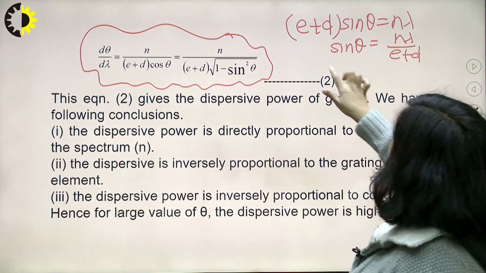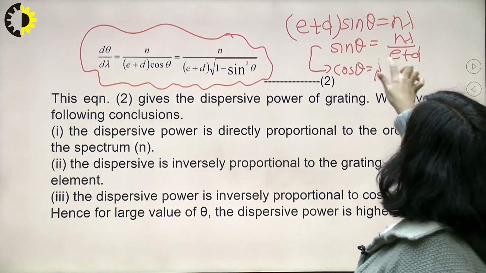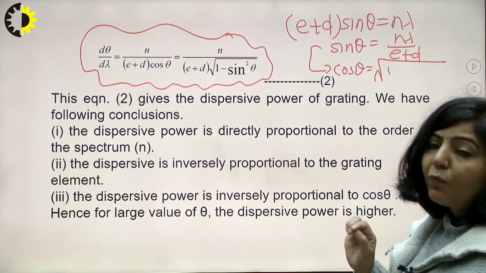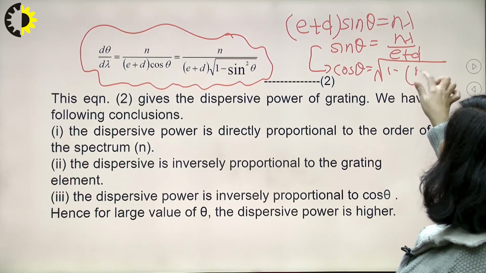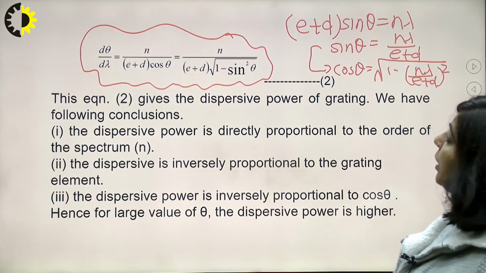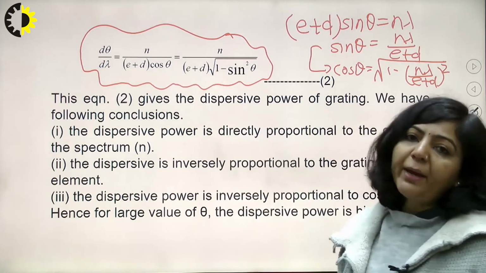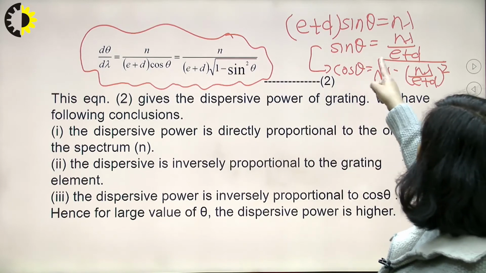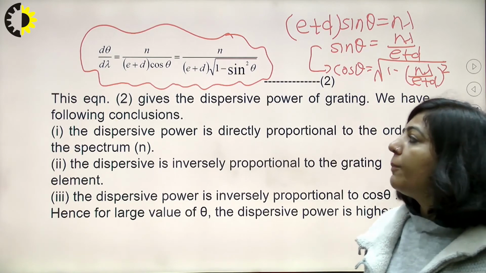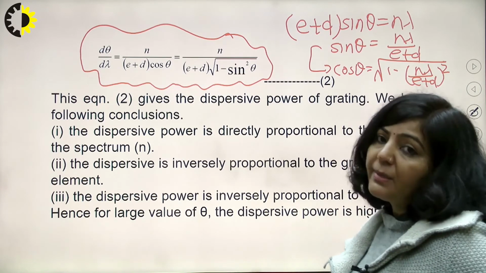So if you want to write an expression for cos theta, it will be under root 1 minus sin square theta, and you can substitute the value of sin theta as n lambda upon e plus d. So this is the formula for dispersive power of a grating.